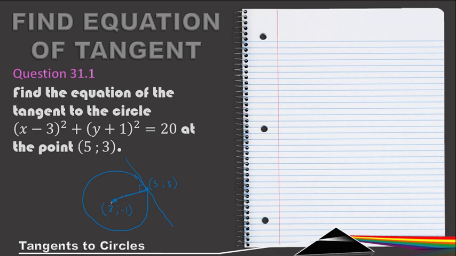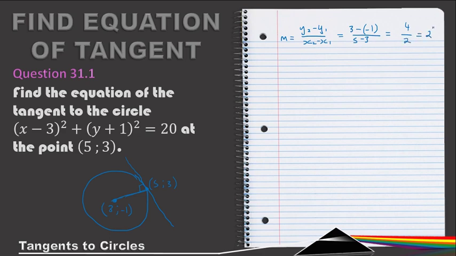Alright, so we're going to start off by saying the gradient is equal to y2 minus y1 over x2 minus x1, and we substitute in our values, so we have 3 minus negative 1 over 5 minus 3, and this gives me 4 over 2, and that's equal to 2.